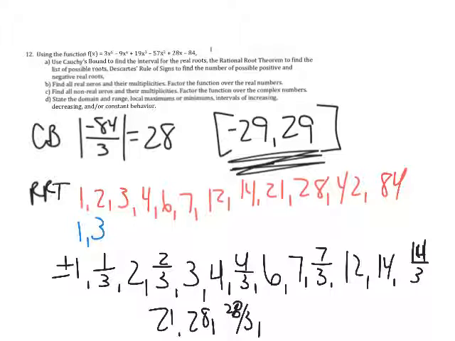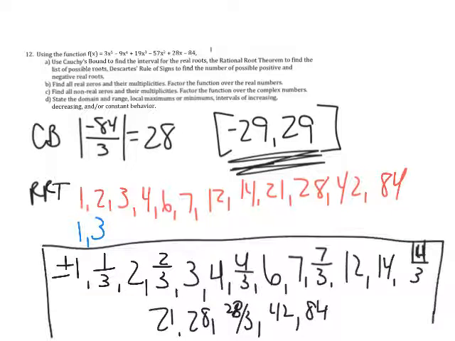And then I have a 42. 42 divided by 3 is 14. 14's on our list, so we don't write it. And then I have an 84. And 84 divided by 3 is 28, and 28's on our list, so we don't write it. So these right here are actually the possible rational roots.